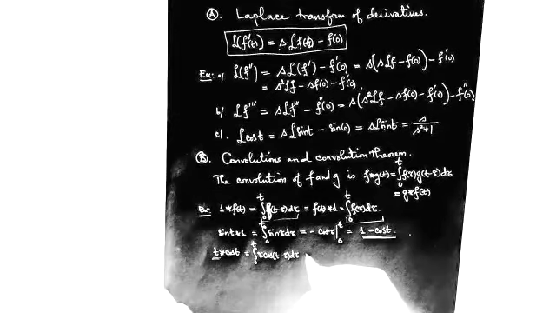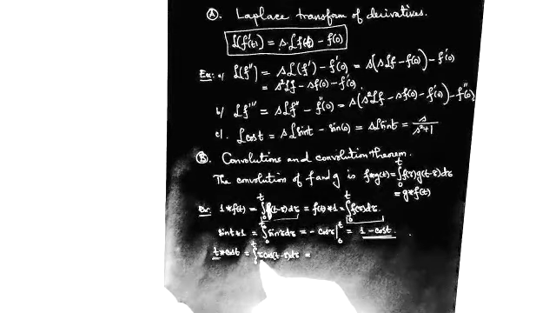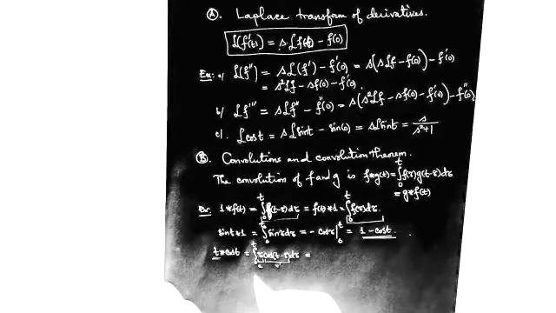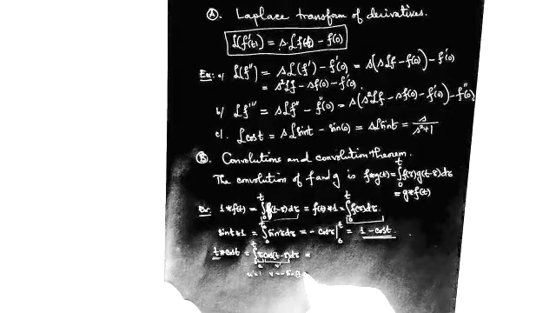And we can integrate this by parts. So if this is u and this is v prime, then u prime is 1, v is negative sine of t minus tau.